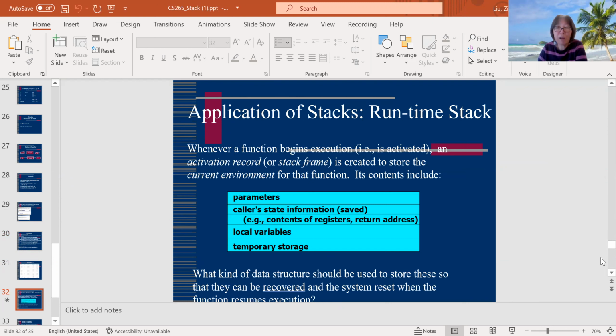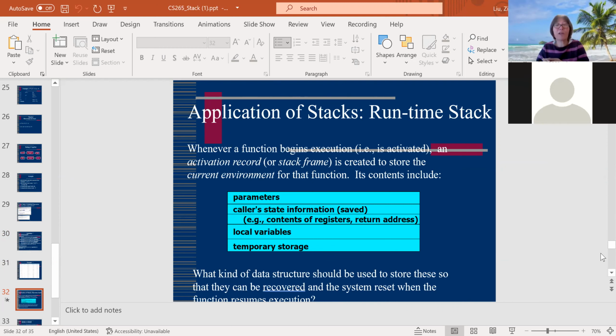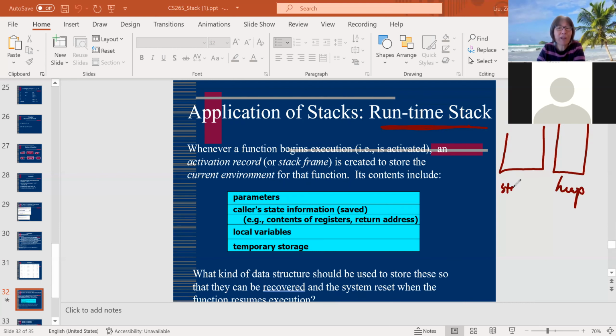And the last concept in this chapter is about the runtime stack. Okay, runtime stack. If you recall previously, we said we have a runtime stack and we have heap memory. So here is the stack.